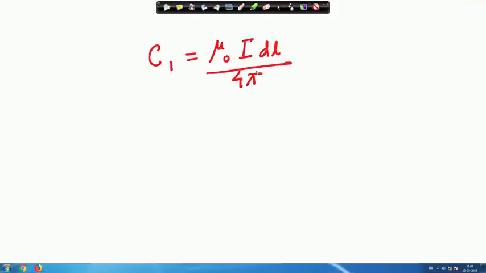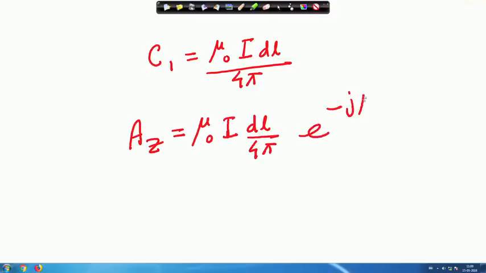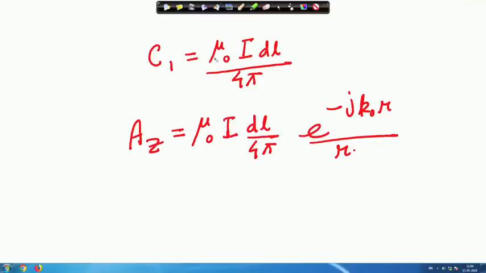So, we can now find that the actual solution is Az is equal to mu naught I dl by 4 pi e to the power minus j k naught r by r. So, you see this C1 actually represents the source strength, I dl is the strength of the source, these are the constants. So, Az is this.